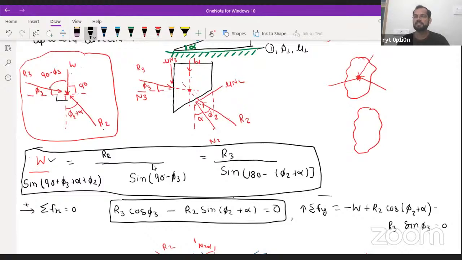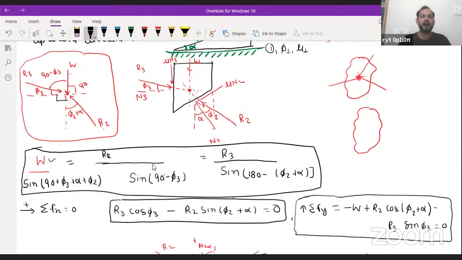So this is the equilibrium of forces along the vertical direction. Here W, phi 1, phi 2, phi 3 and alpha are given. Then you can easily calculate the values of R2 and R3.